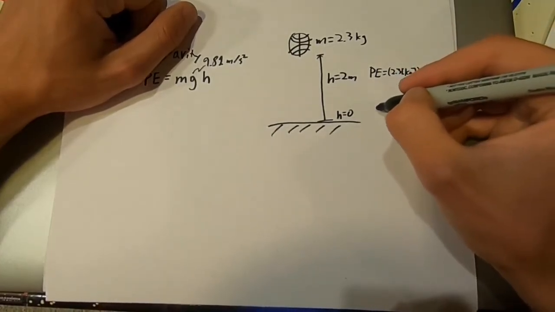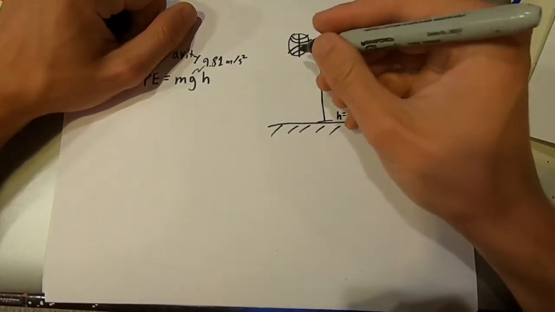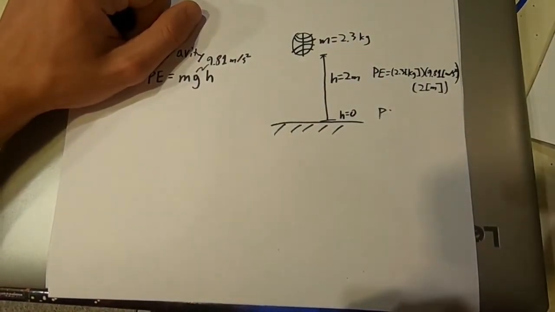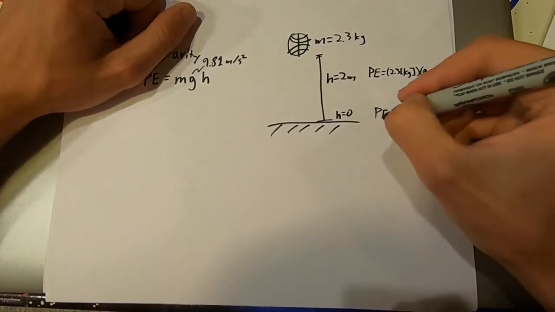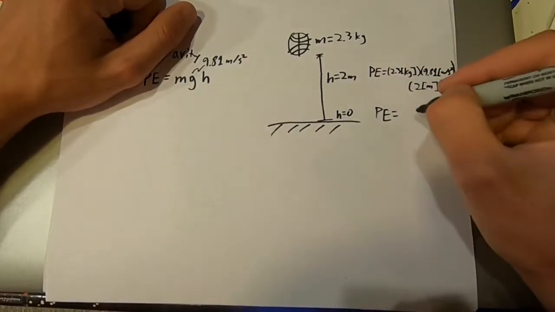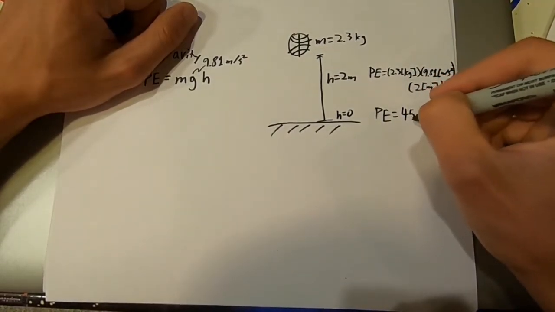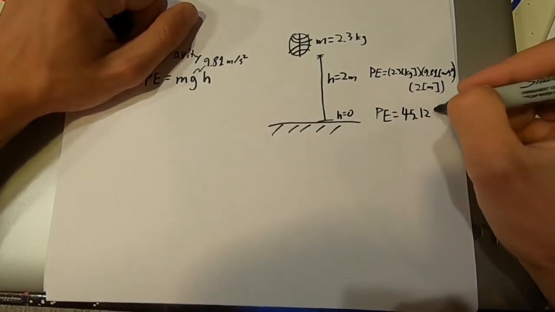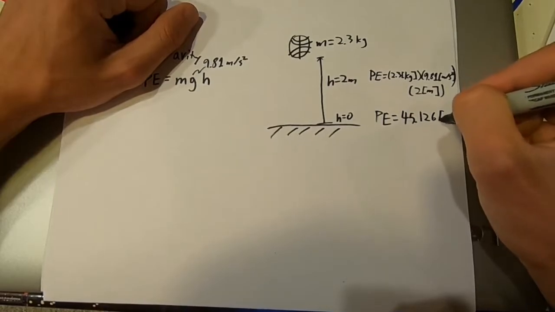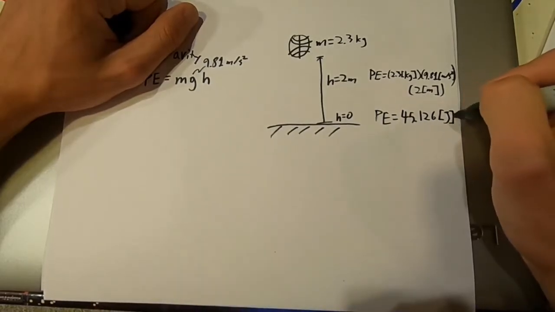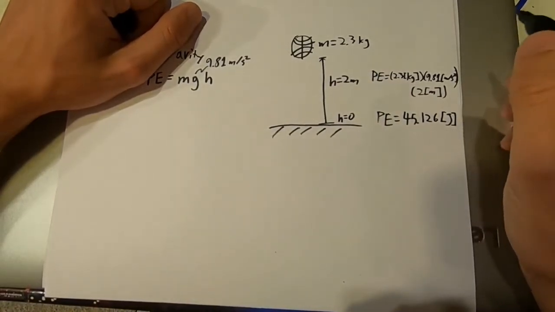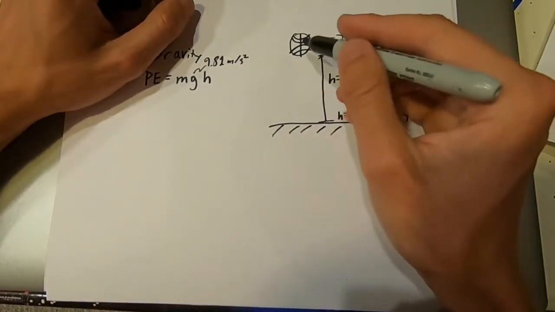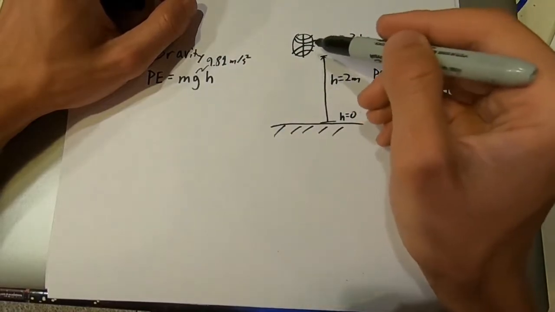Okay, so that all boils down to our ball here, when calculated, has a potential energy of 45.126 joules. So potential energy, again, is measured in joules. So that's the potential energy when the ball is at this height of 2 meters here.